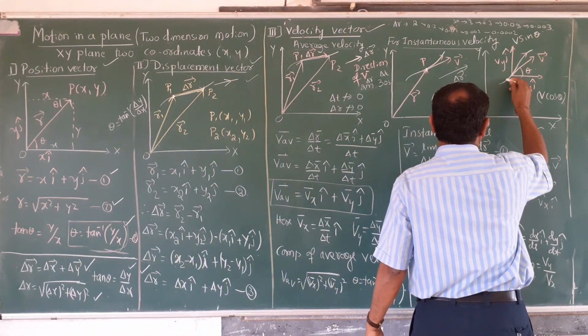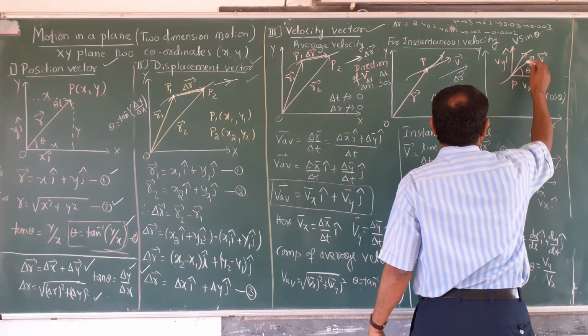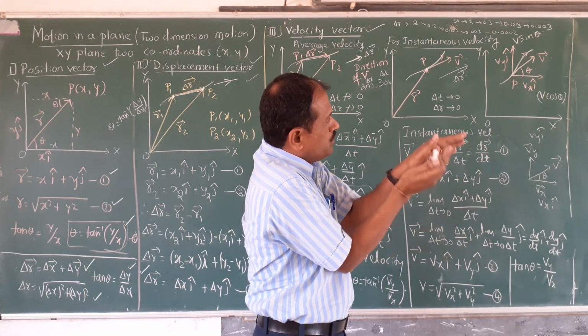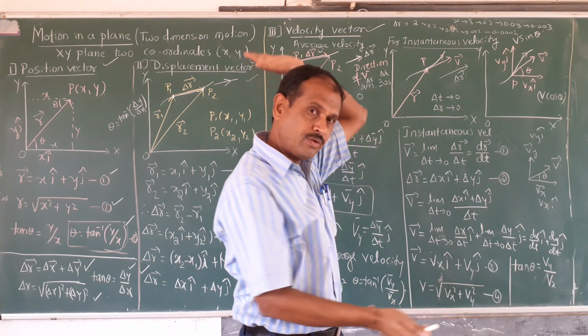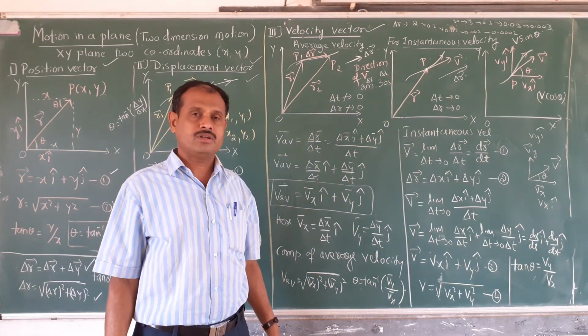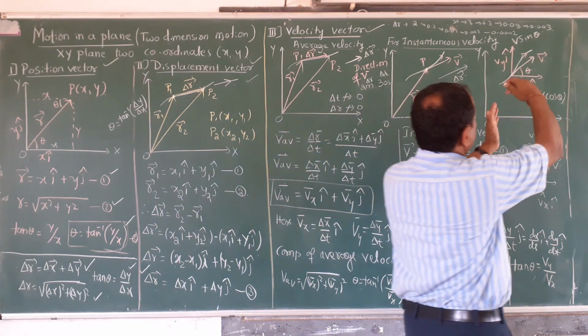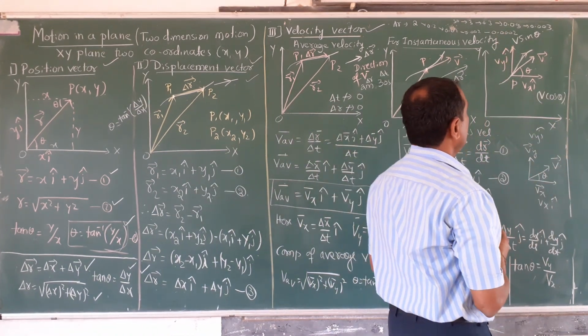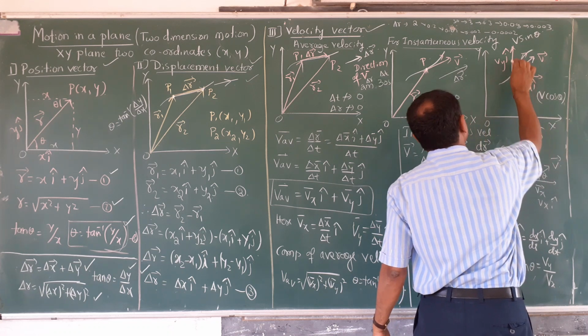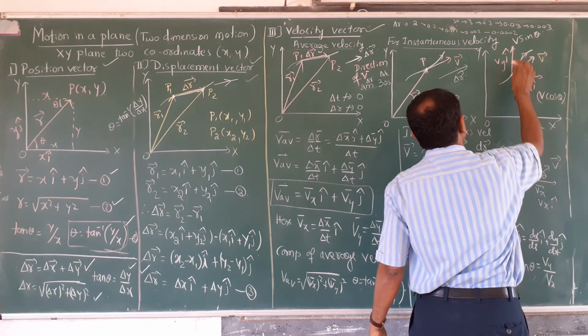This is the change in the displacement. You draw the tangent to this one. This is the velocity. This velocity is resolved into two components. Now come to the resolution of a vector. Very important. Now one of the components is along the horizontal, the other is vertical.